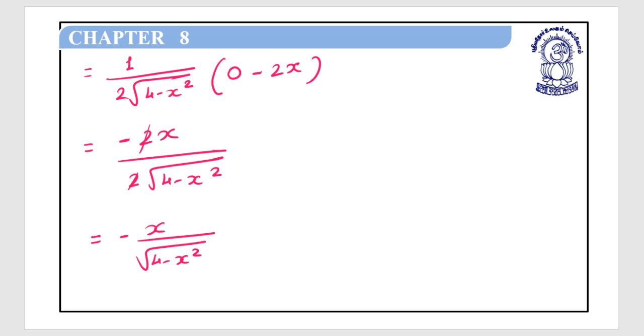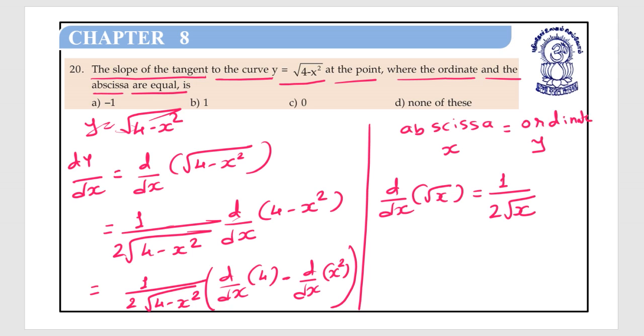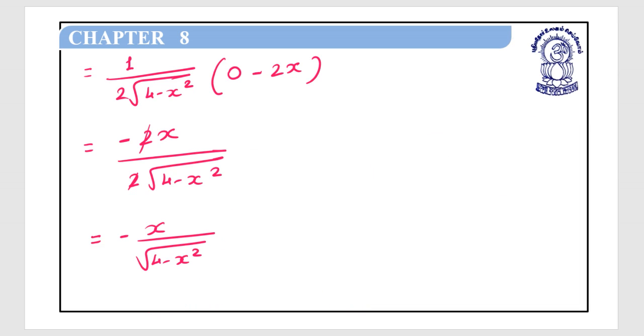Now check the options. Here one thing is given, na? Abscissa and ordinate are equal. So first, minus x under root 4 minus x square, where y is equal to under root 4 minus x square.